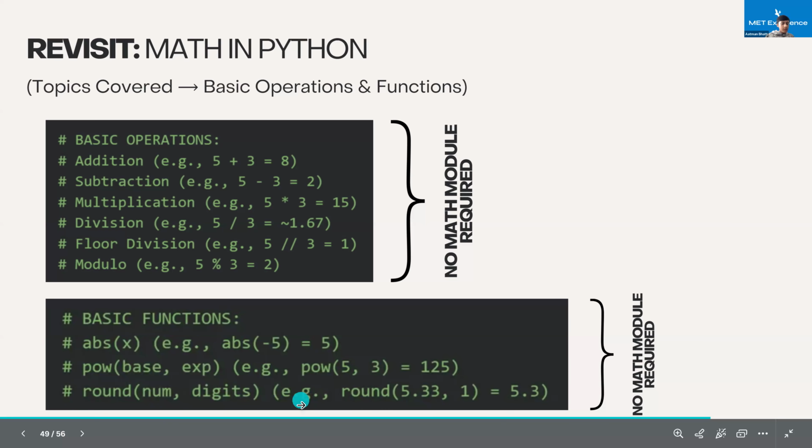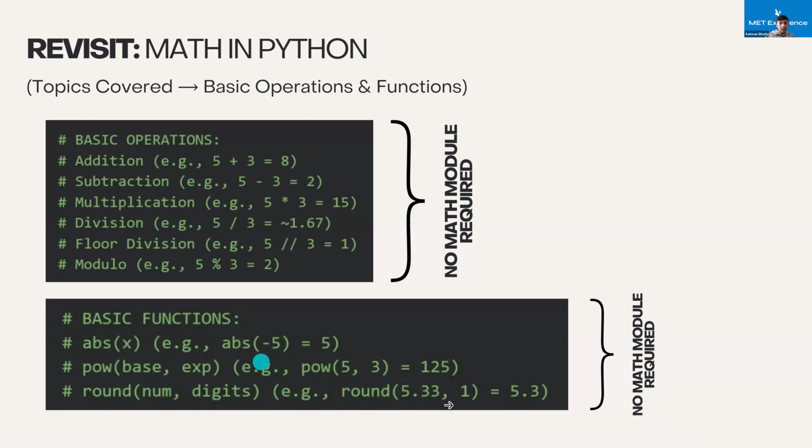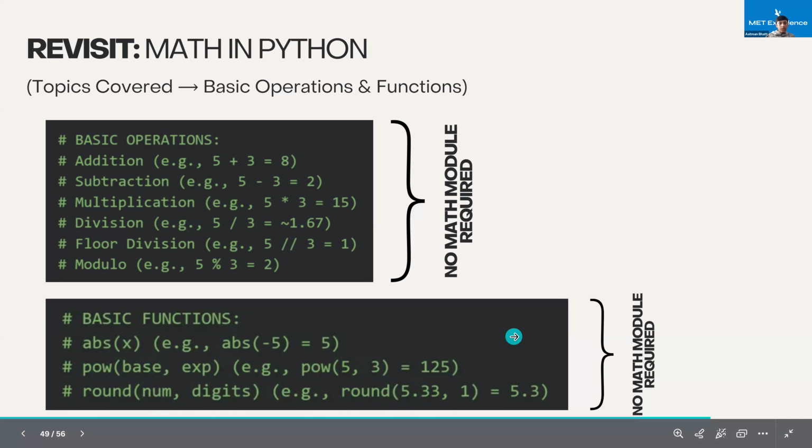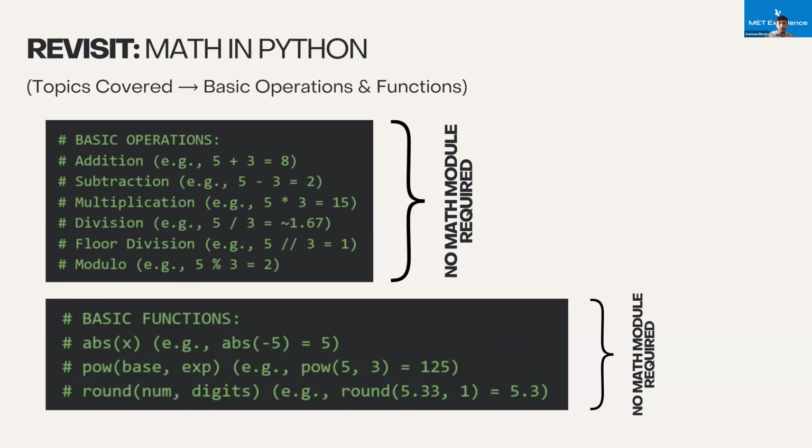So let's say you have a certain number that you want to round, but you want to round it to a certain number of digits. In our example, we want to round 5.33. What this 1 represents is how many digits we want to round it to, right?